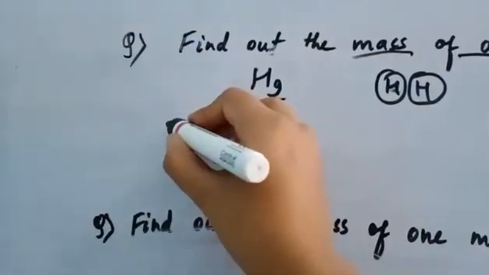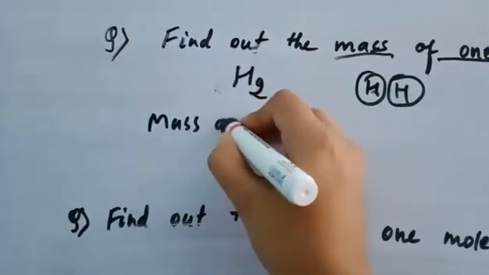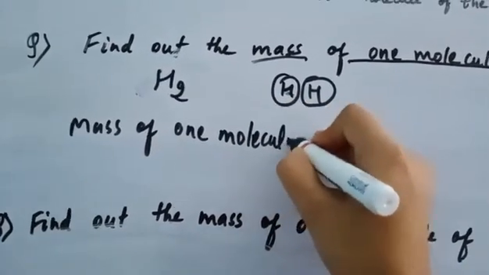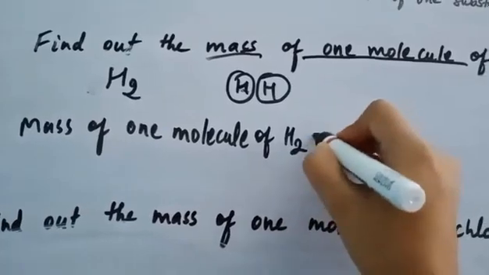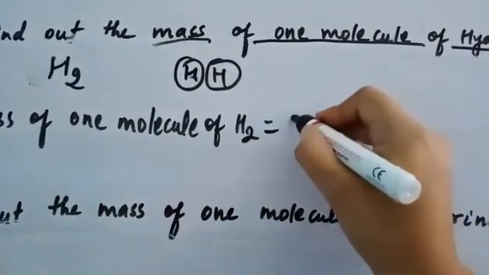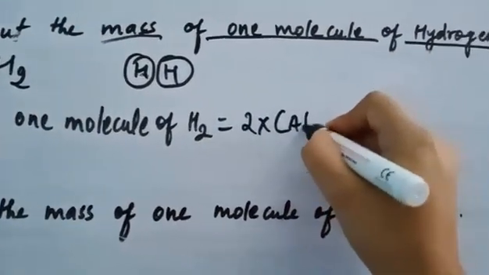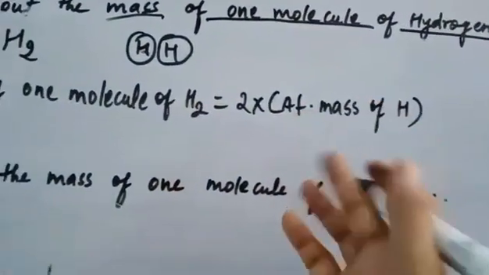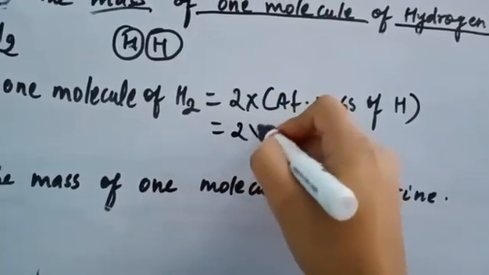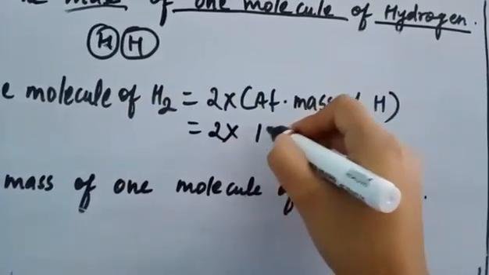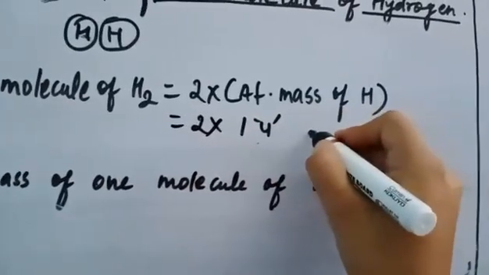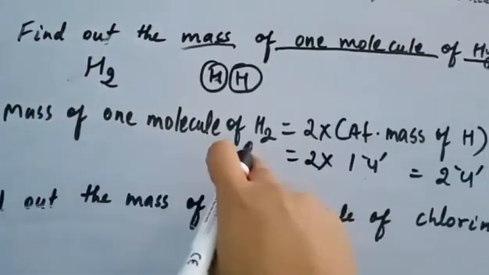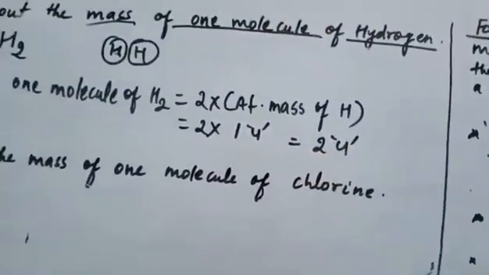How can it be written? The formula is H2. This is one molecule of hydrogen, and it contains 2 hydrogen atoms. So the mass of one molecule of H2 is equal to 2 into the atomic mass of hydrogen. You know it is 1u. So it is equal to 2u. So the mass of one molecule of H2 is 2u.